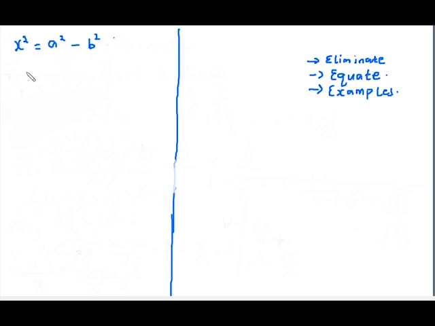Okay, so to make a the subject of formula, if we take a look at this equation, we have to remove b from this part of the equation to be left with just a, and ultimately the consequence is that we'd have to do that for both sides of this equation. Now b squared has a negative with it, so we have to add b squared to eliminate it from this part of the equation, and that would be plus b squared on both sides of the equation.